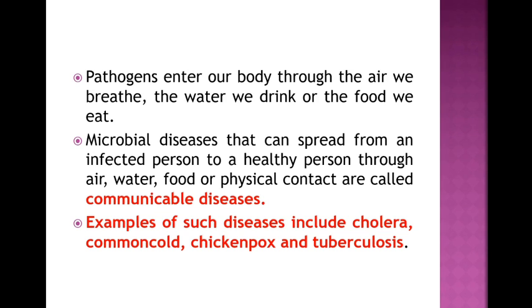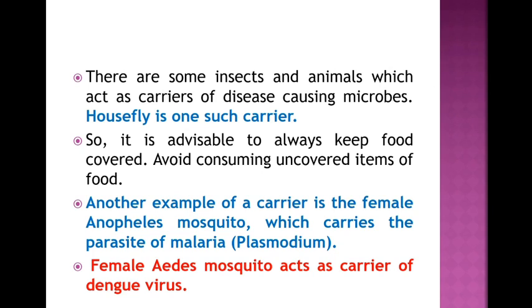These are all communicable diseases. There are also some insects and animals which act as carriers of disease causing microbes. That means they carry disease causing microorganisms from one person to another, or infect plants or animals.